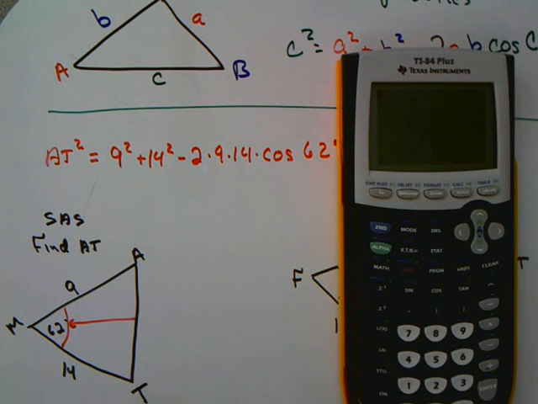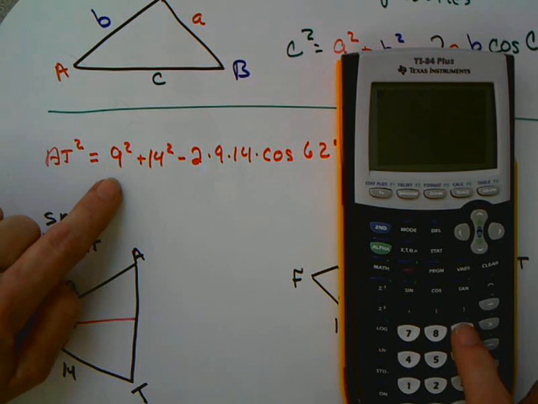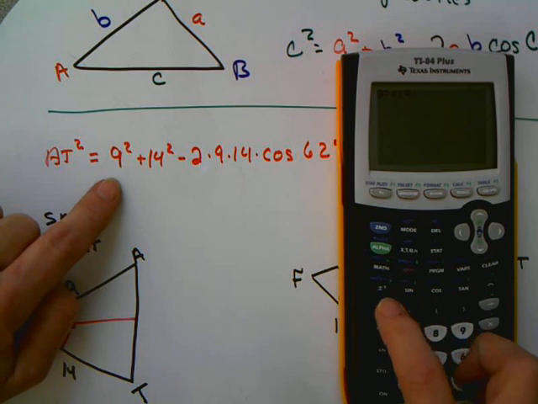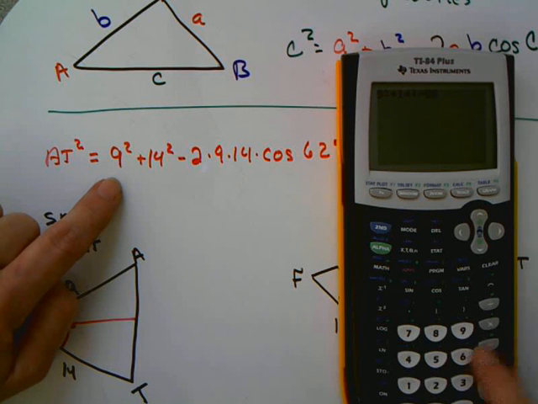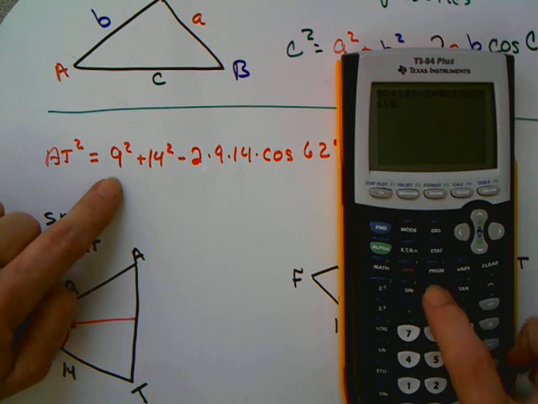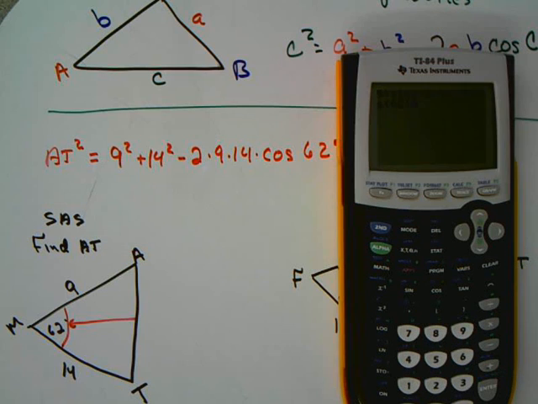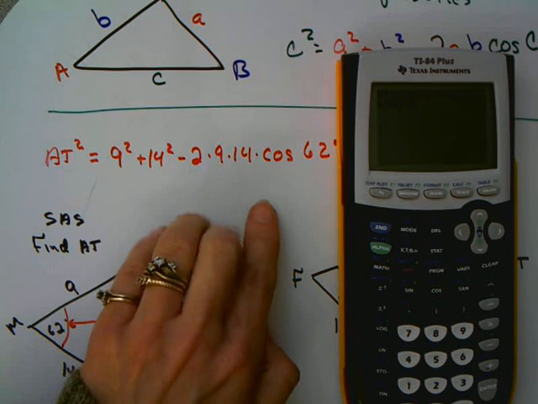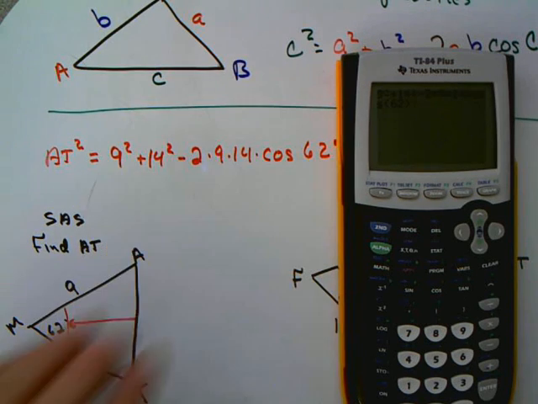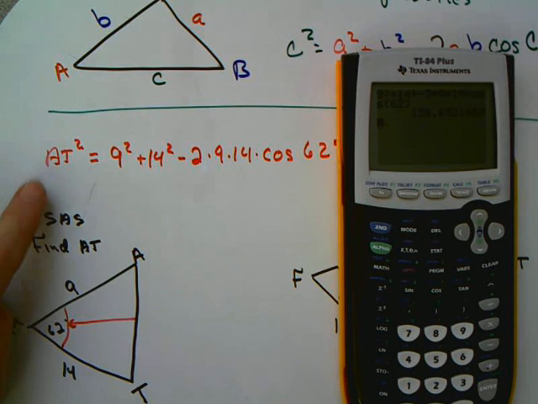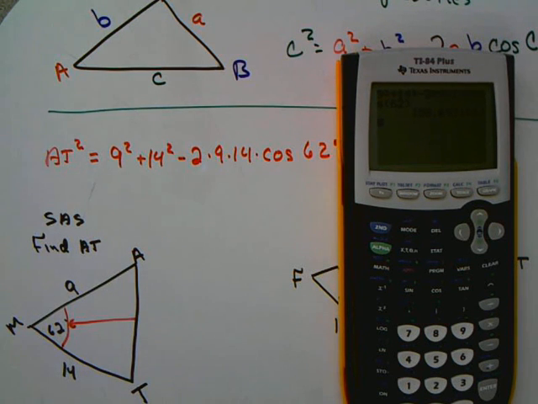I'm going to clear this screen, and now I'm just going to type this in exactly as I wrote it: 9 squared plus 14 squared minus 2 times 9 times 14 times the cosine of 62 degrees. Then check and make sure that it's all exactly like you wrote it. Press enter. That is AT squared, folks, and you need AT.